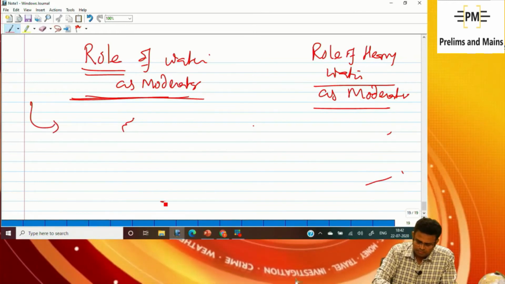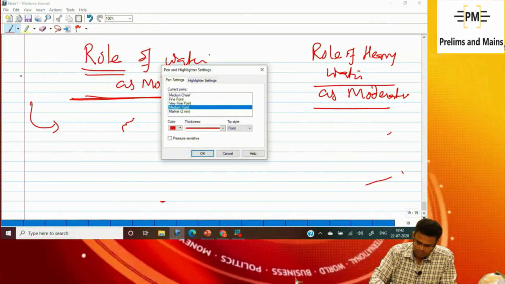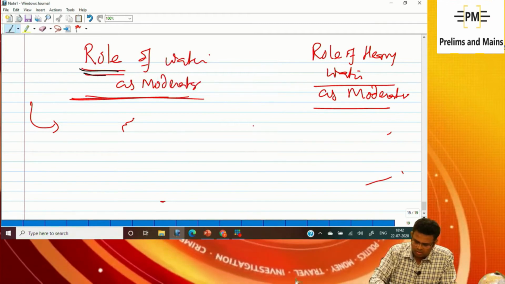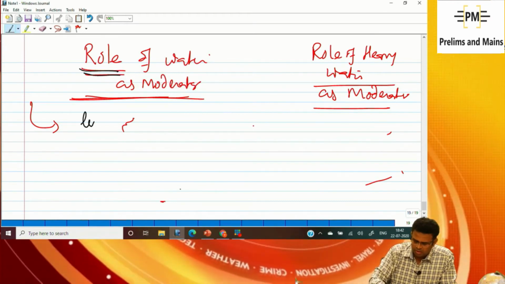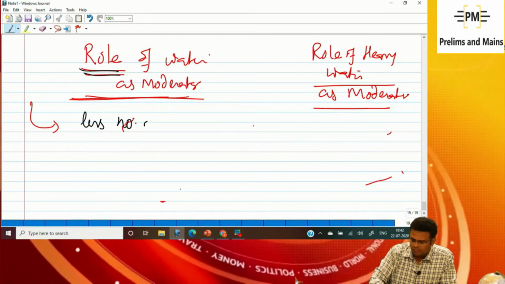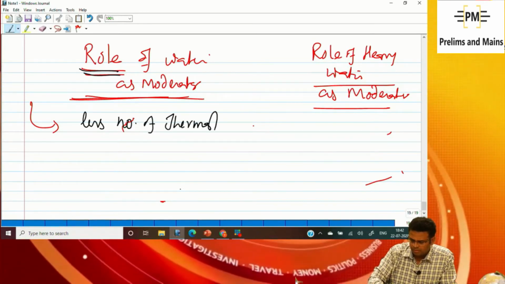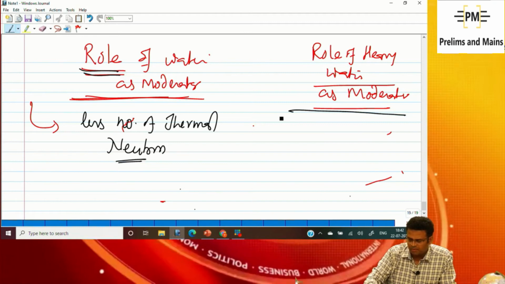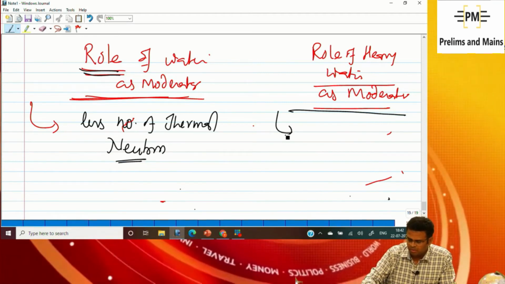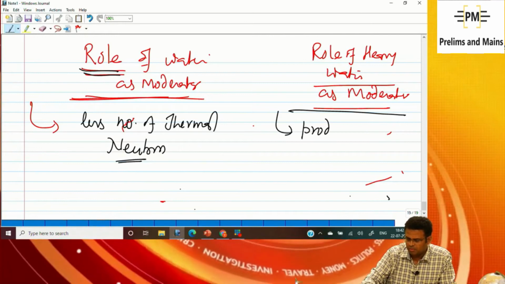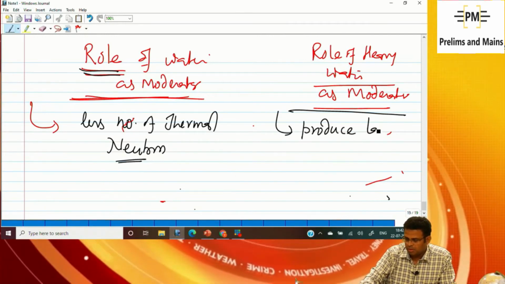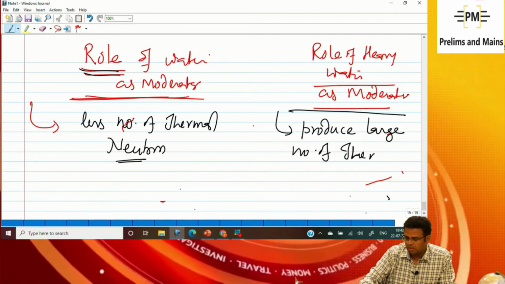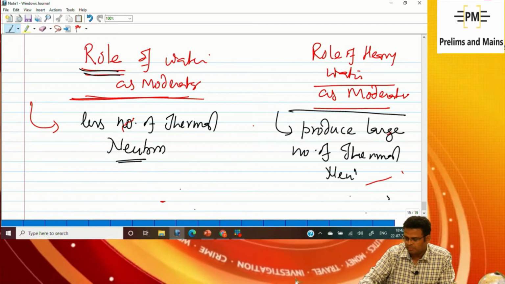If I say water as a moderator, it will produce a smaller number of thermal neutrons. Second, the role of heavy water as a moderator will produce a large number of thermal neutrons.